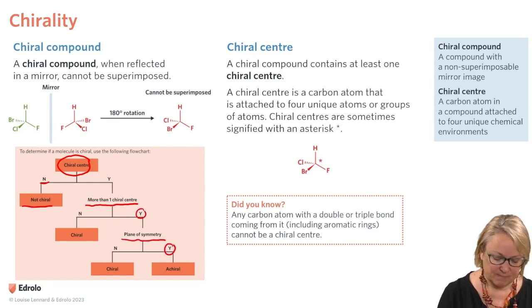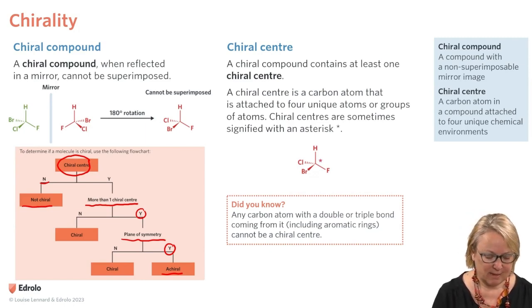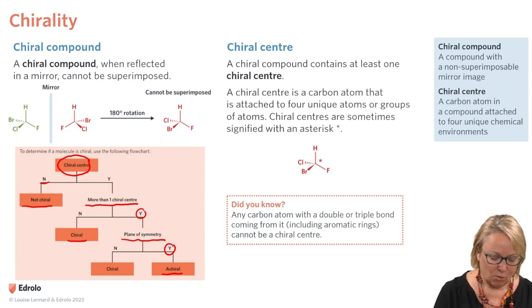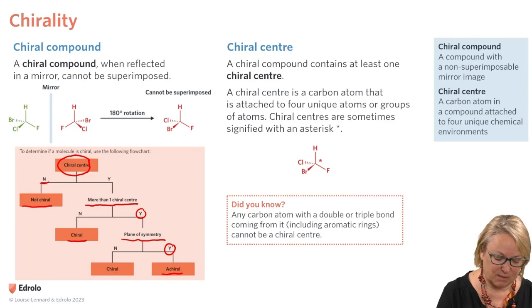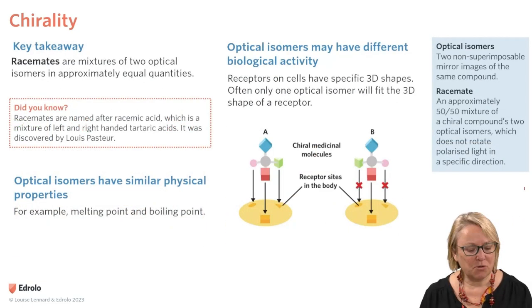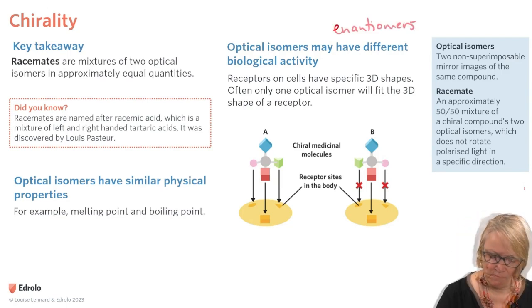If yes, then it's an achiral compound, so that plane of symmetry will cancel out the chirality. But if we have one chiral centre only, then the compound will be chiral. Or if we have more than one chiral centre that hasn't got a plane of symmetry, then it will be a chiral compound.